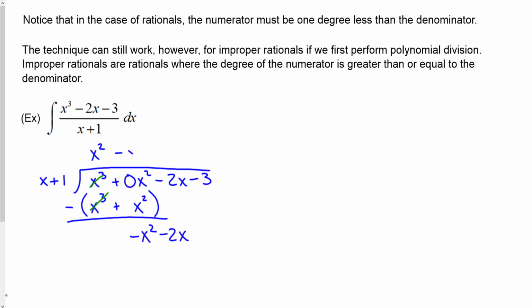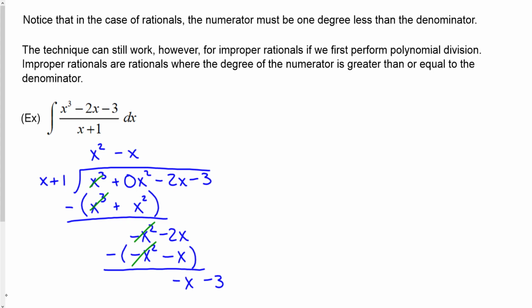Well, it's negative x. So negative x times x is negative x squared. Negative x times 1 is negative x. Now I subtract. And again, negative x squared plus x squared, because that negative distributes, cancels that first term. Negative 2x minus a negative x would be negative 2x plus x, which is negative x, then minus 3.